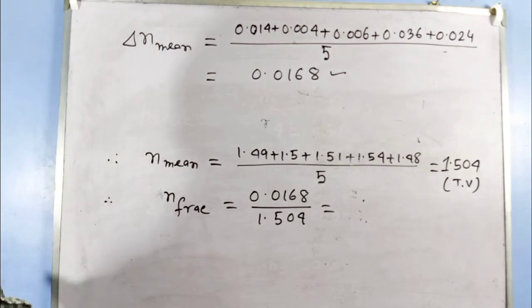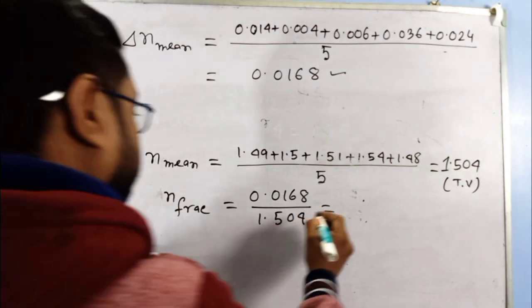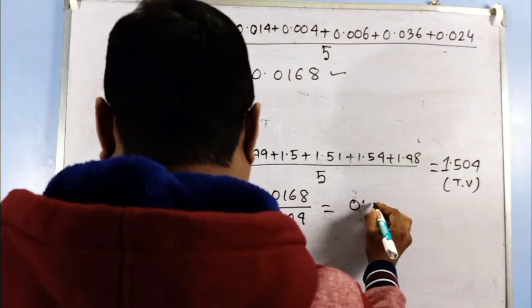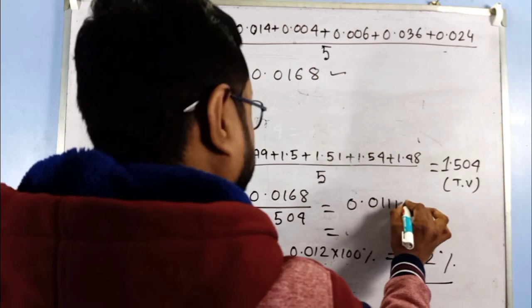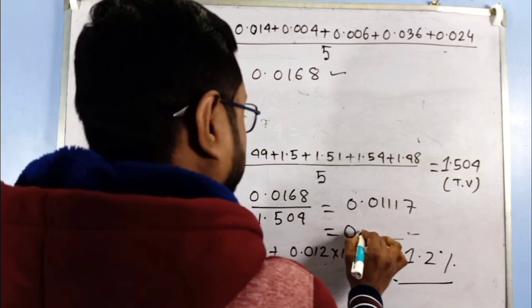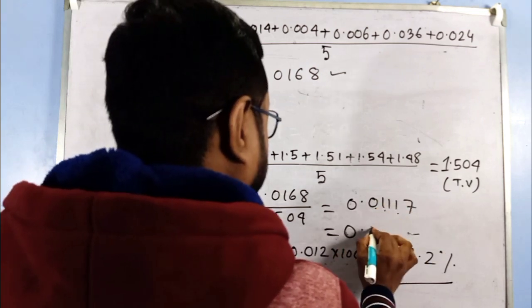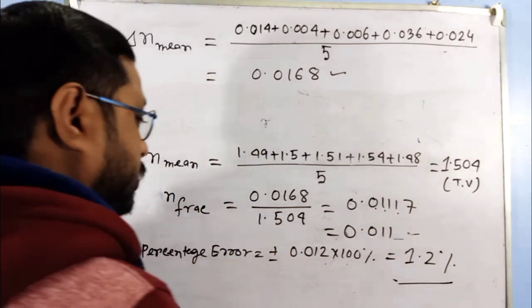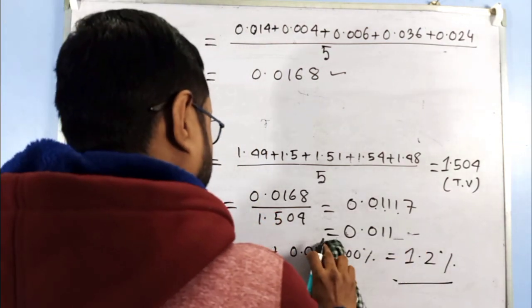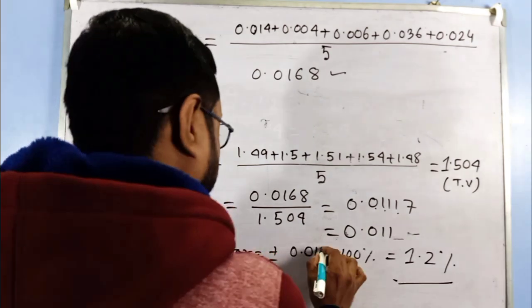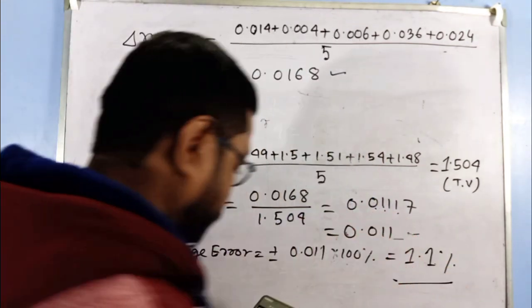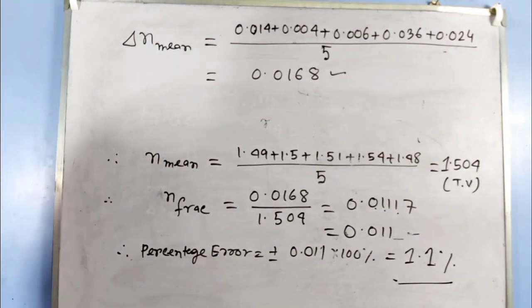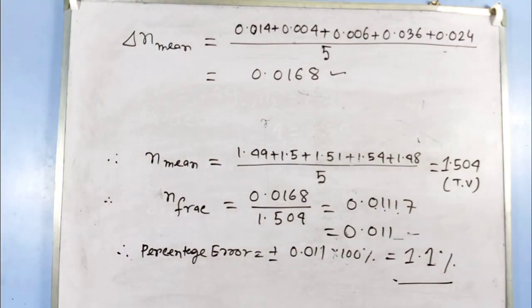We get 0.01117, sorry, 0.011011. So that is 1.1%. In this way we measure the error.